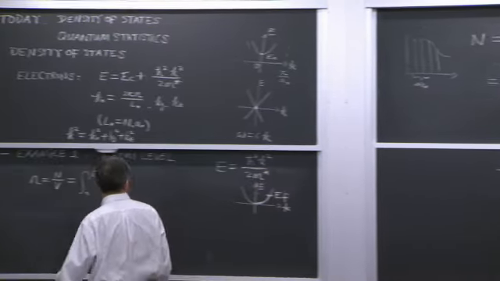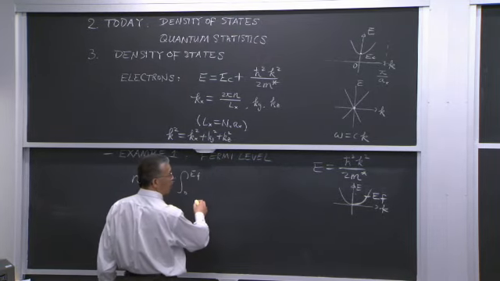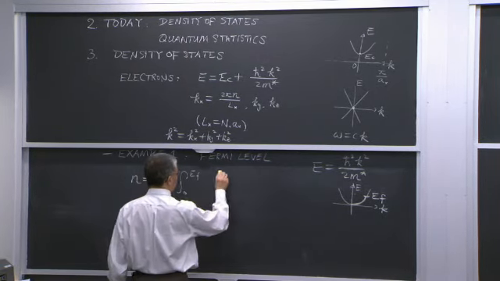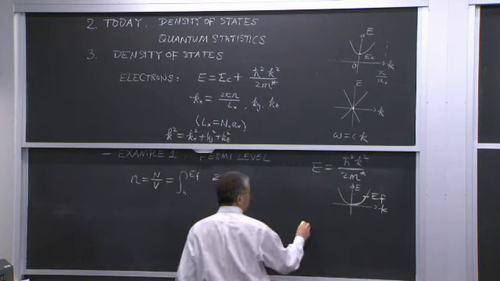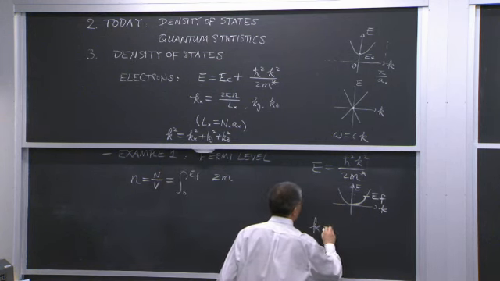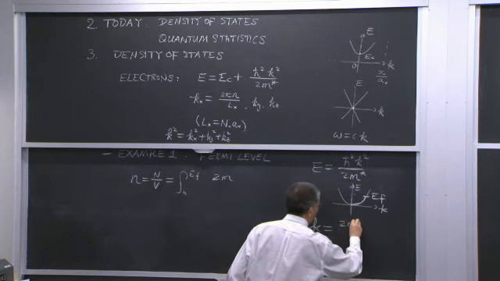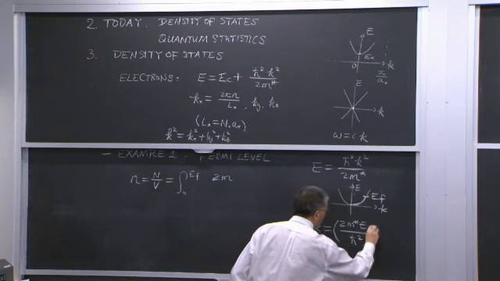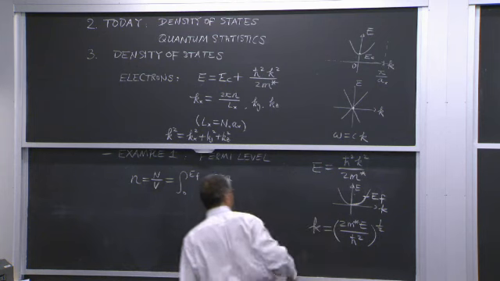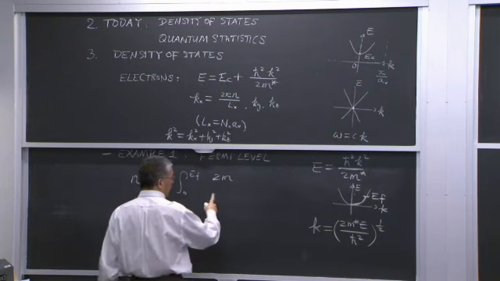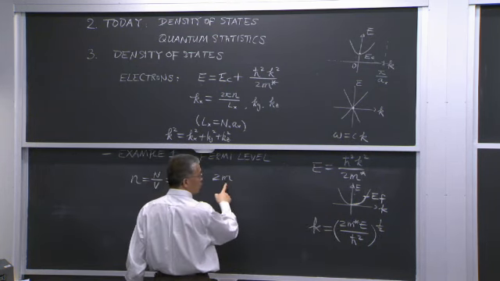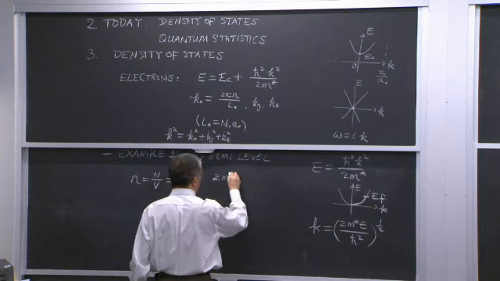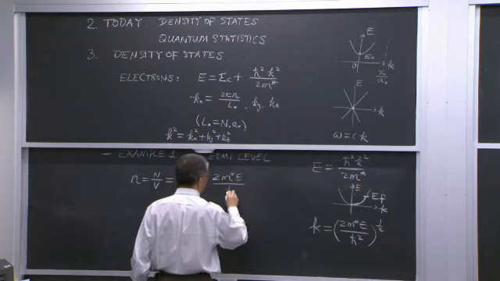So K squared is 2m star E over h bar squared, based on the dispersion. So K equals (2m star E over h bar squared) to the 1/2.